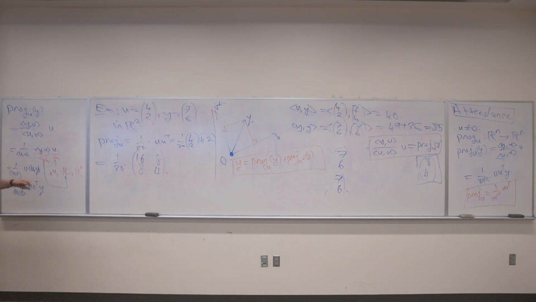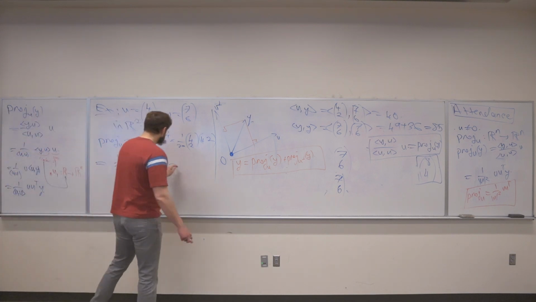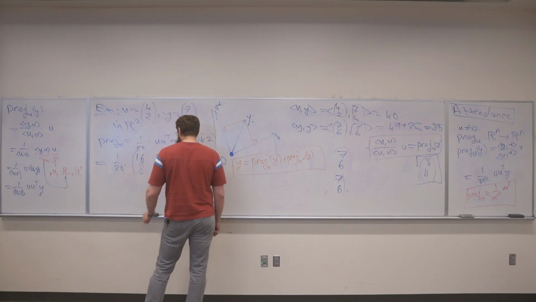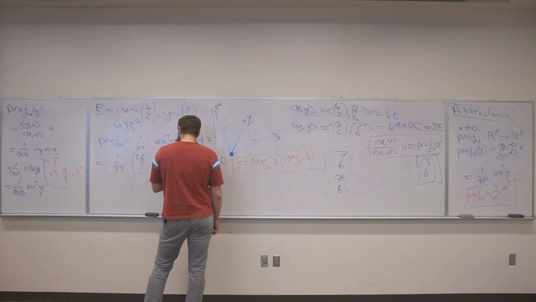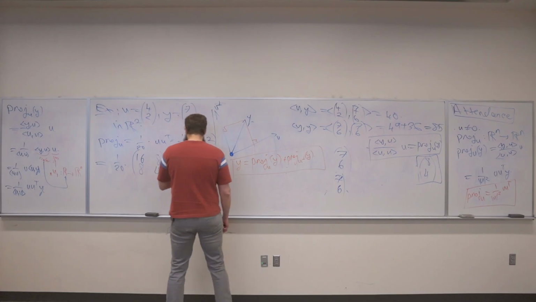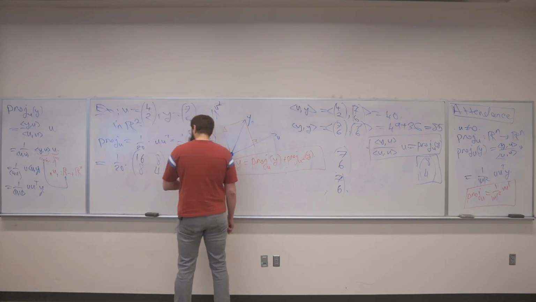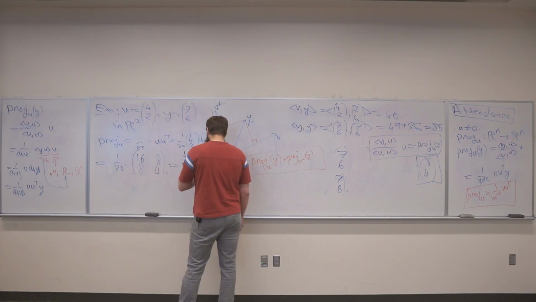If you want, you can distribute everything. I can divide everything by 4: 4 over 5, 2 over 5, 2 over 5, and then 1 over 5.